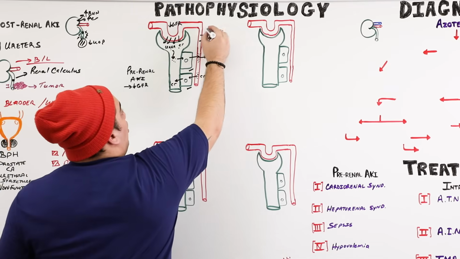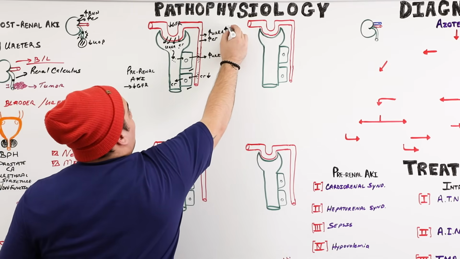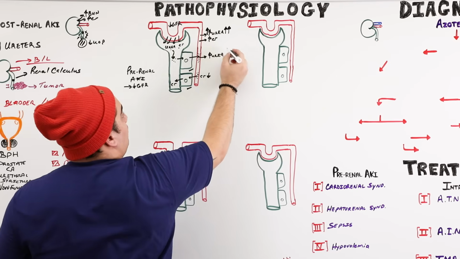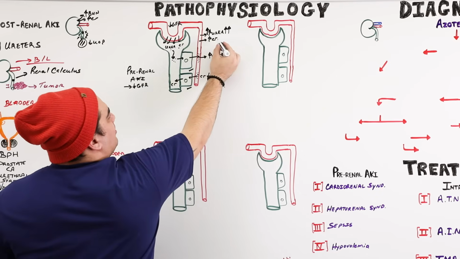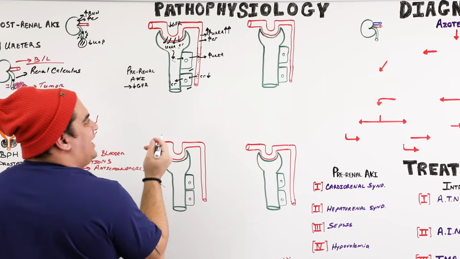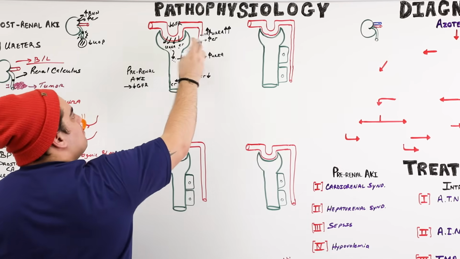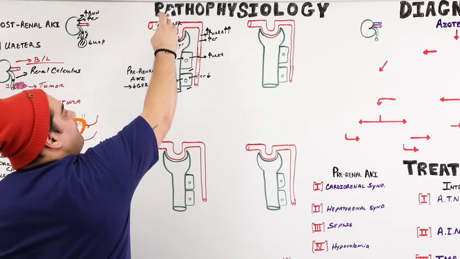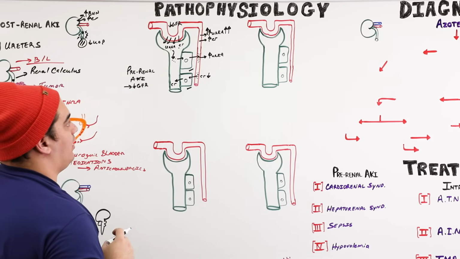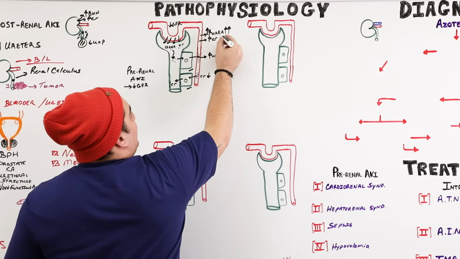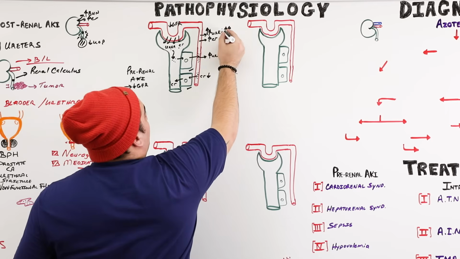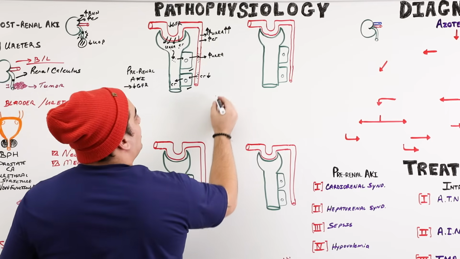Effectively, the total concentration of urea actually will go up. But the concentration of creatinine won't go up too much. It may go up just a teensy bit because not as much of it is being filtered across the glomerulus. So if you were to compare a ratio of the blood urea nitrogen to the creatinine, what would it look like?